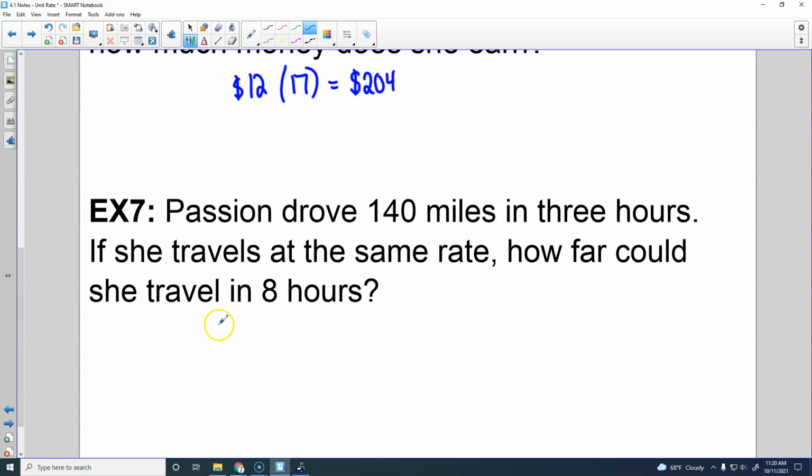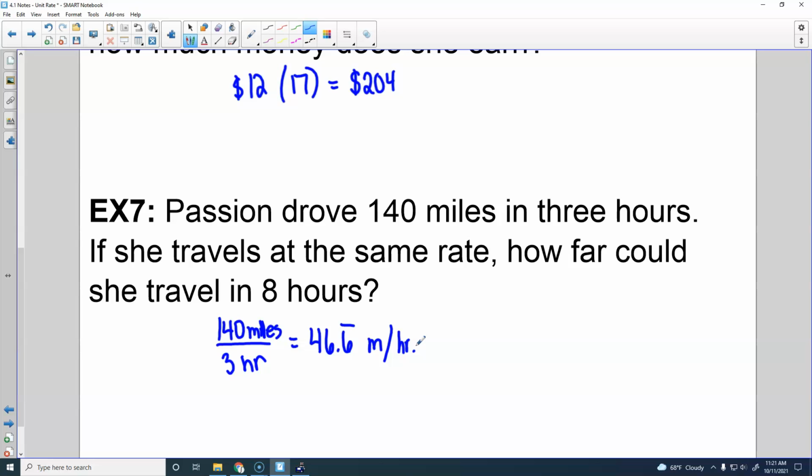Okay. So if I do 140 miles divided by 3 hours, what's that give you, Wade? 46.6 repeating miles per hour. Okay, so that's how far she can go in 1 hour.